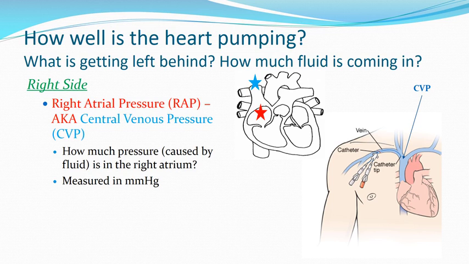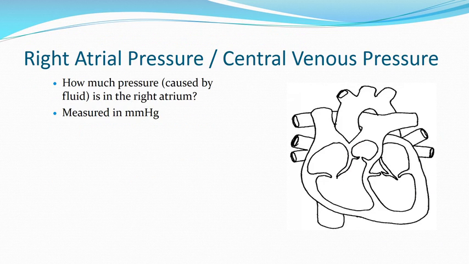Well, are there any valves between the superior vena cava and the right atrium? No. So the pressure in the right atrium will translate back to the central venous pressure very easily. So bottom line, there is not typically a significant difference between CVP and RAP. We tend to use these numbers for the same purpose. Now, what would cause a lot of pressure in the right atrium?